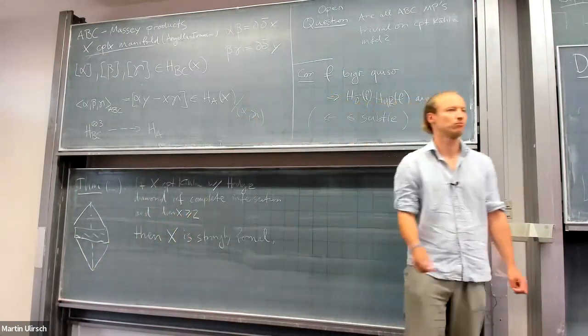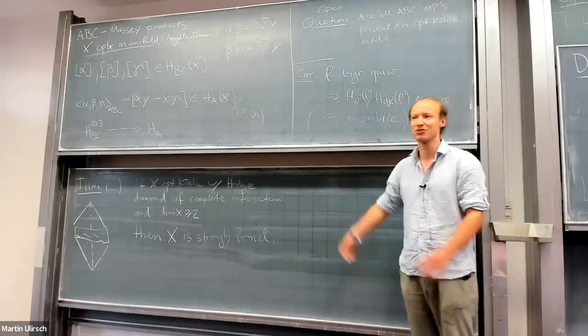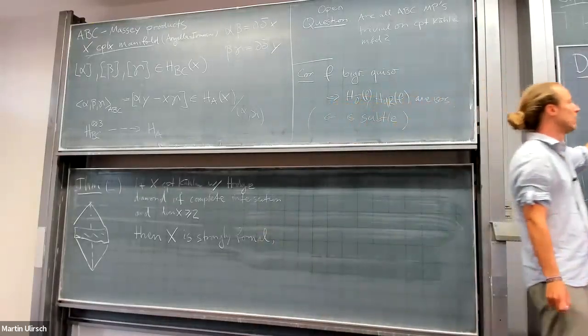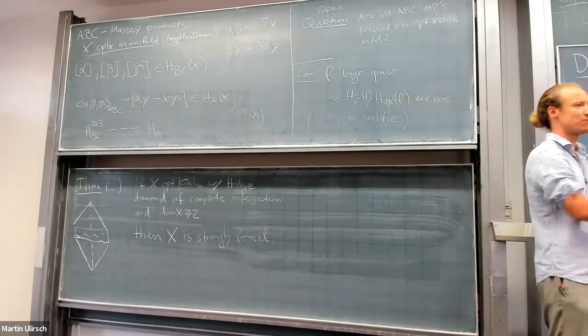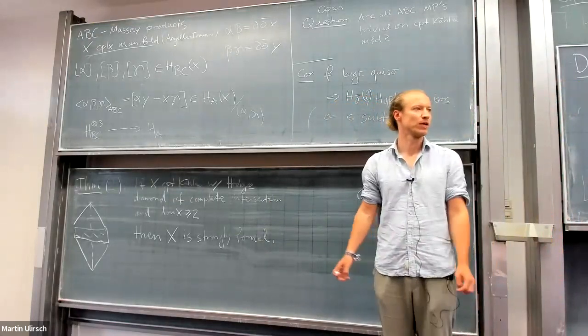Okay, so still a very restricted class, but still there's also a lot in there. For these, we know they are strongly formal, which is the stronger condition than just these products vanishing. The vanishing of these products you get maybe in a simpler way.